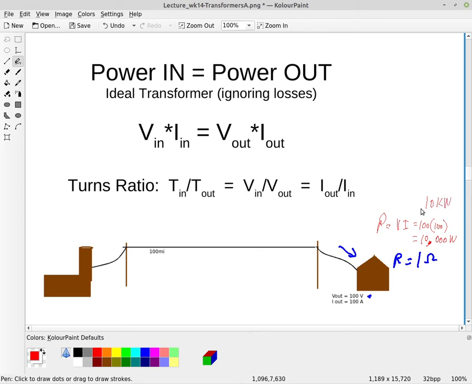At the instant that breaker tripped, my house was drawing 10 kilowatts of power.